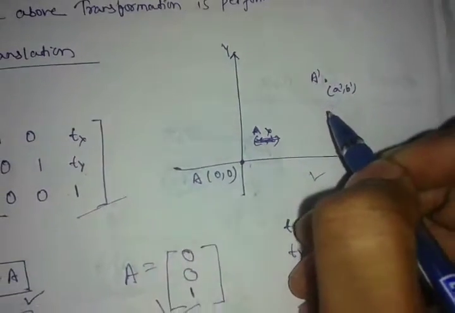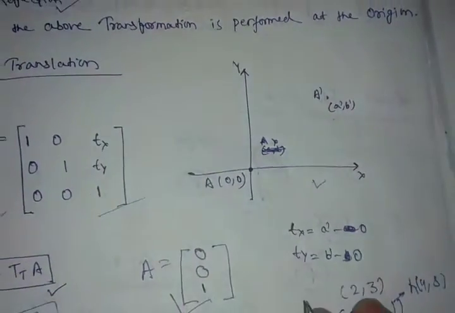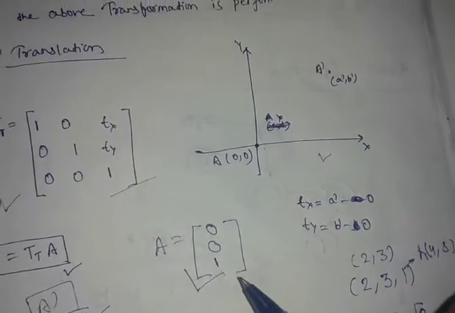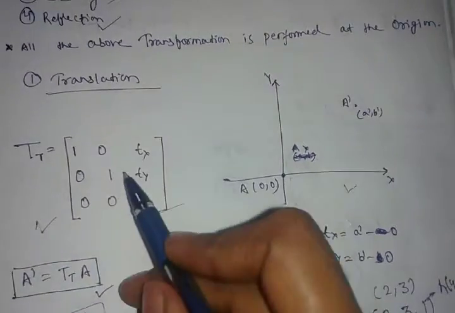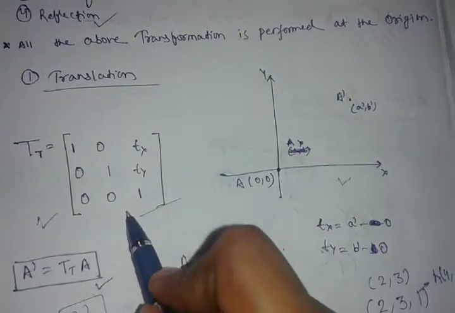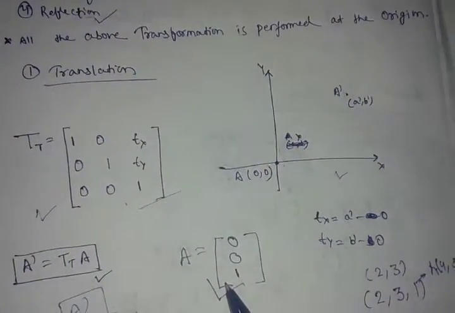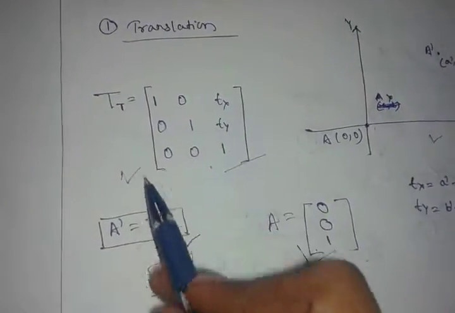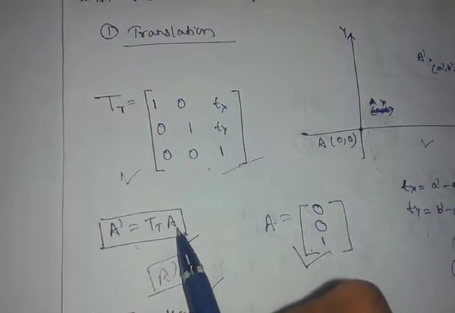First you draw a homogeneous matrix of this point, like I have drawn here. You just remember this matrix and multiply it with this matrix. So you get A dash by multiplying T into A.